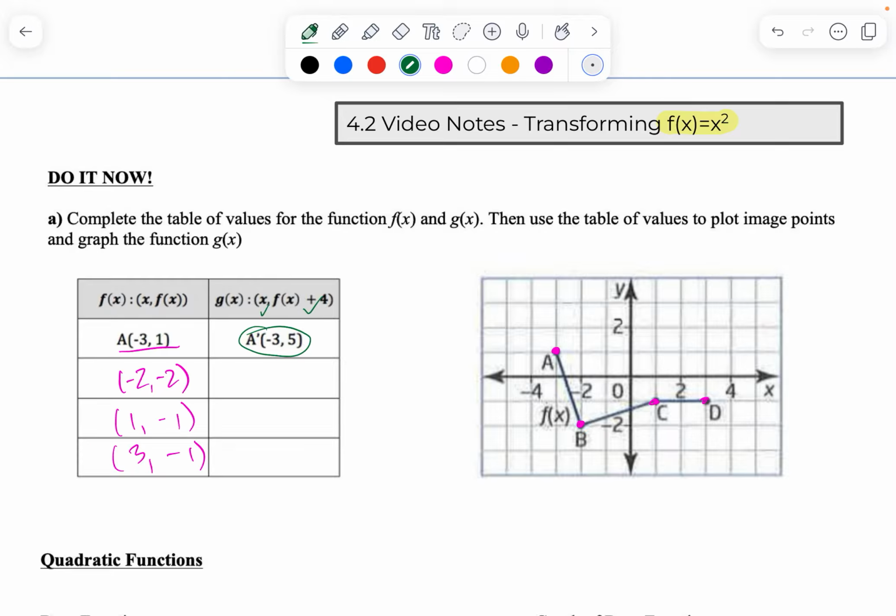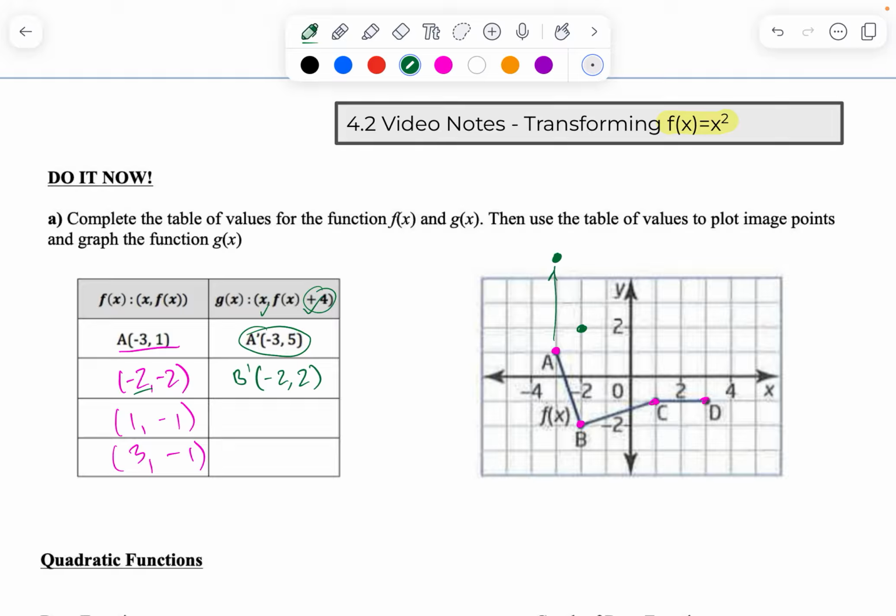So A is -3 and y is up at 5, which is going to be up here off the graph, right? Then let's look at B prime. Well, x is going to stay the same, so -2, and y, we're going to add 4, so -2 plus 4 is 2. So the new point is at -2, 2.